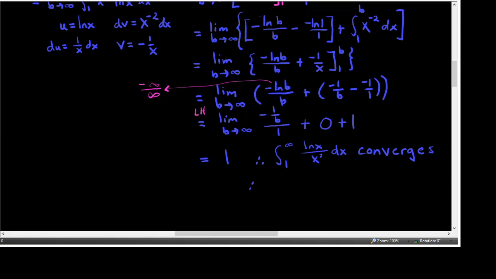And since the improper integral converges, what does that mean about our series? Well, because of that theorem, the integral test idea, that means that the related series ln of n over n squared as n goes to infinity also converges.